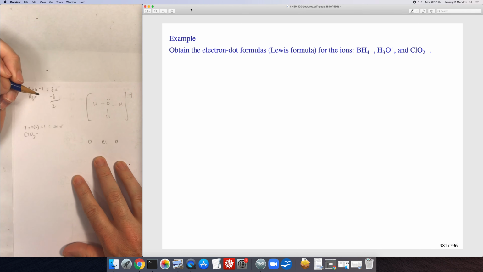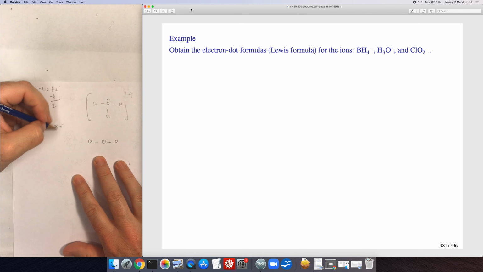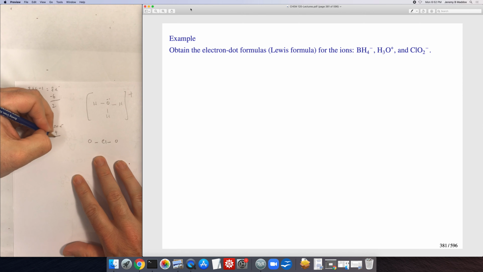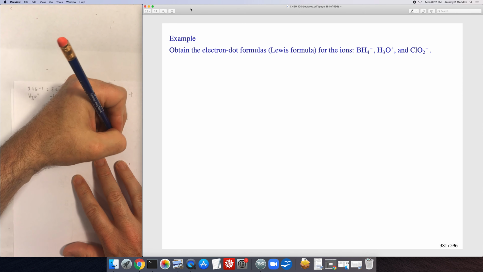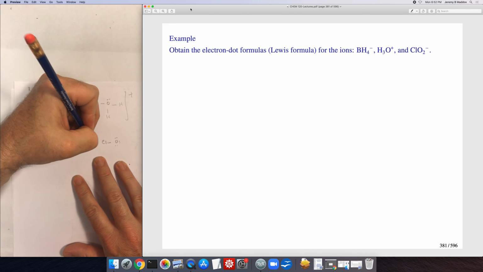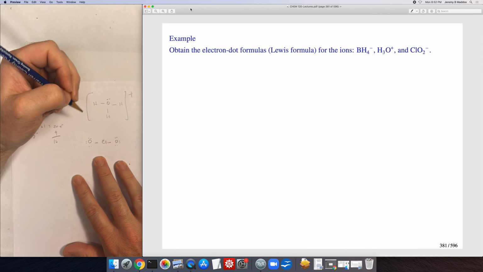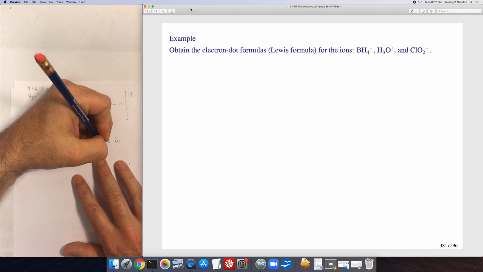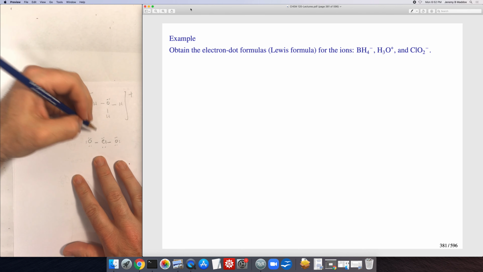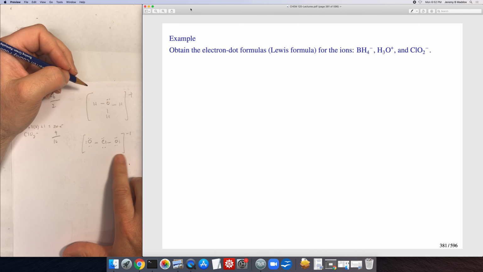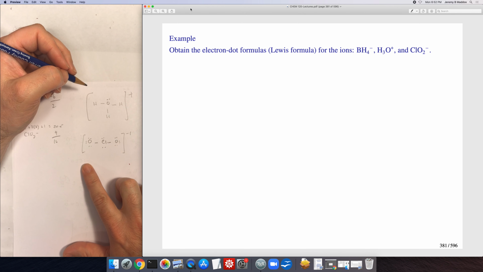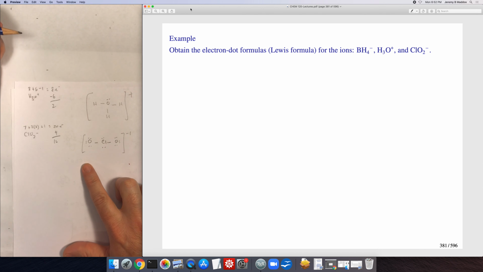Oxygens go around it, make our skeleton structure. That's going to take off 4 of them, leaving us with 16 to go on. 1, 2, 3, 4, 5, 6, 7, 8, 9, 10, 11, 12, 13, 14, 15, 16. It's an anion. And if you look, everybody's got an octet. And so we don't actually have to do anything to this structure. This is the correct structure.